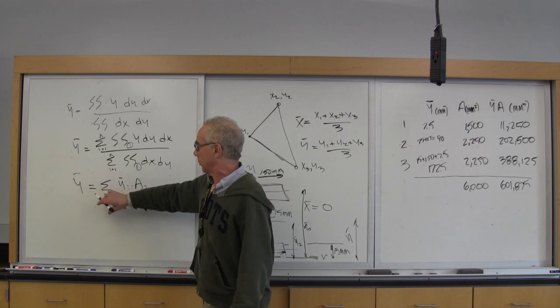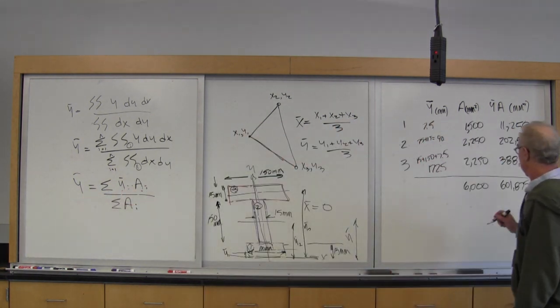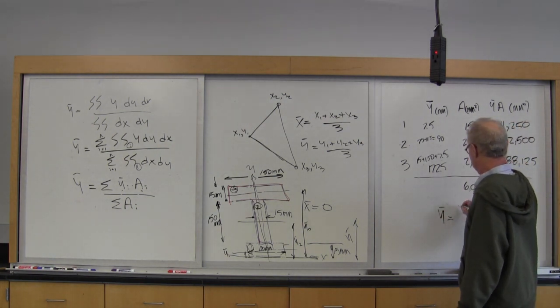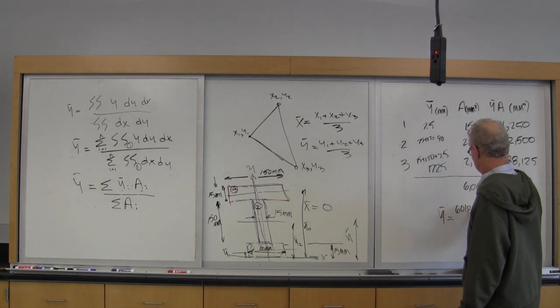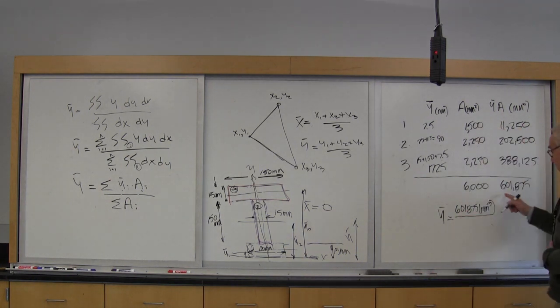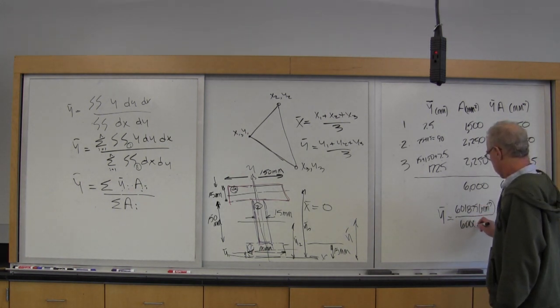We're going to evaluate y bar equals the sum of y bar A over the sum of A. And we're going to get y bar equal to 601,875 millimeters cubed over 6,000 millimeters squared.